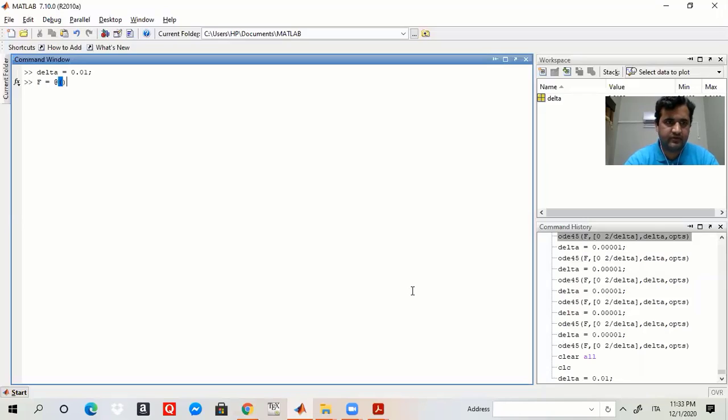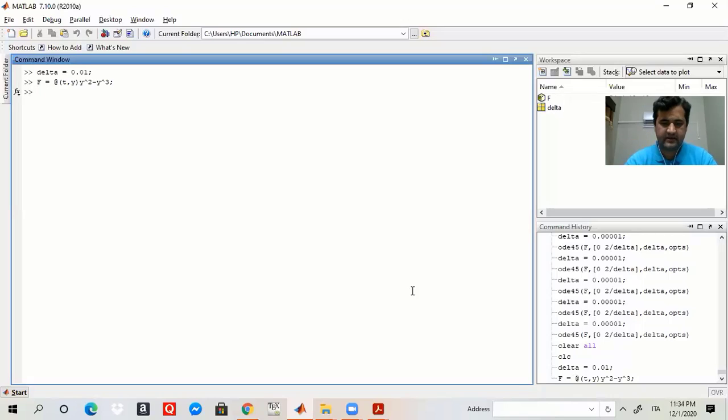I need to call the equation, which is basically y squared minus y cube. Okay, cool. And then I use ODE45.